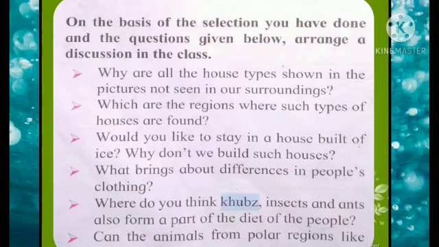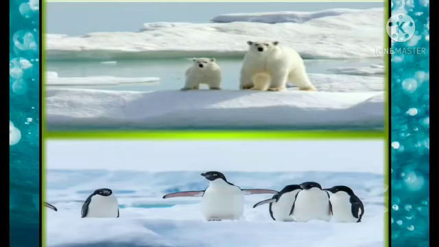Now, can animals from polar regions like polar bears and penguins be kept in tropical zoos? Now, children, polar bears and penguins are the animals that live in a really cold environment or icy cold water.